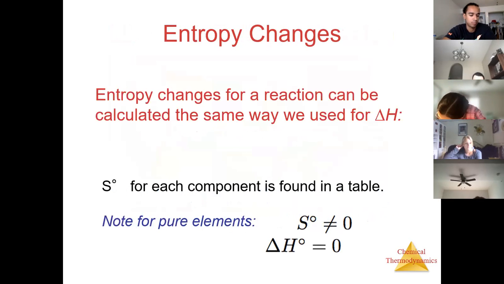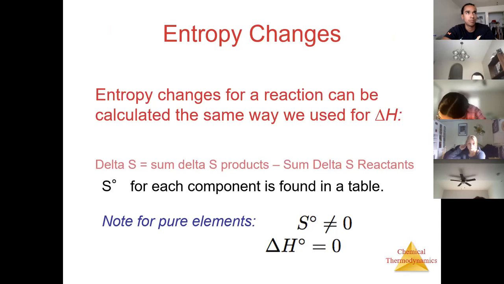So what you're going to do to find the delta S of your reaction, you're going to sum all the delta S's of your products, and subtract the sum of all the delta S's for your reactants.